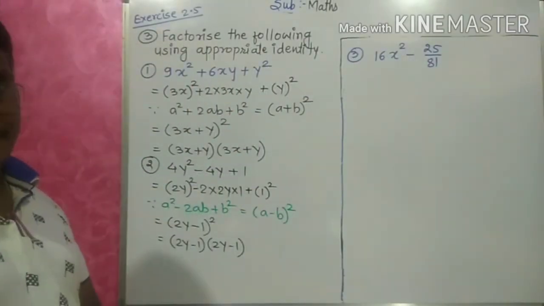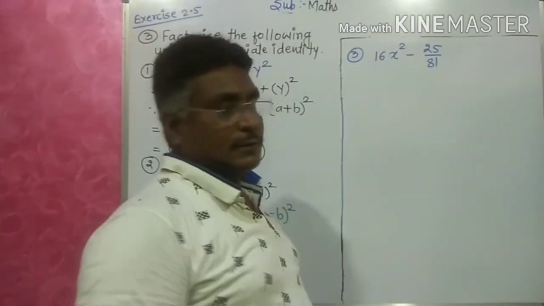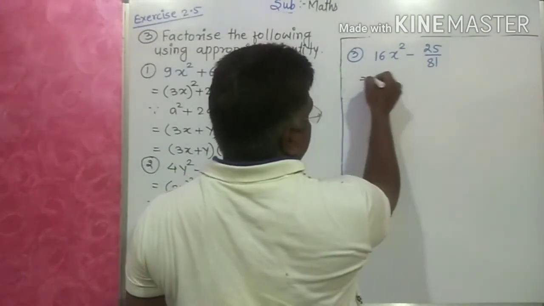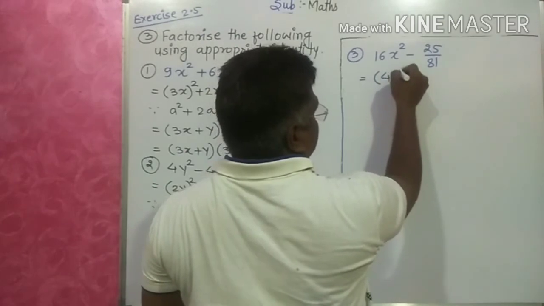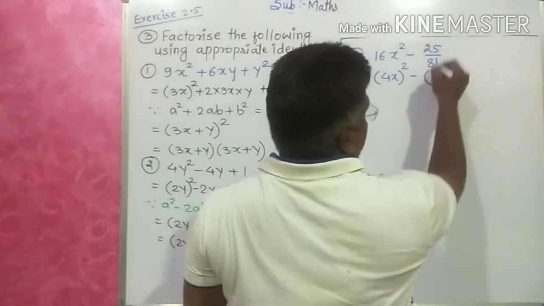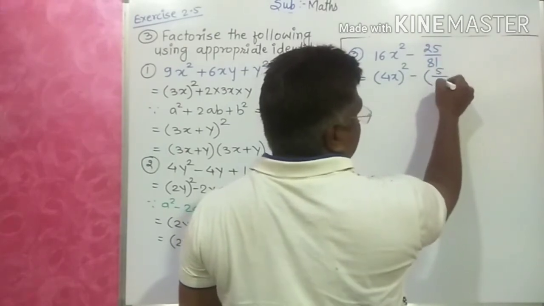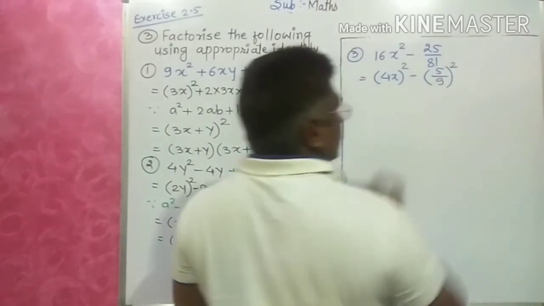Like this it is given. Now both are perfect squares. So how can we write this? (4x) whole square minus, the square root of 25 is 5 and the square root of 81 is 9, so (5 by 9) whole square.